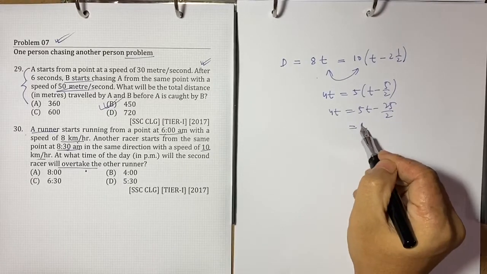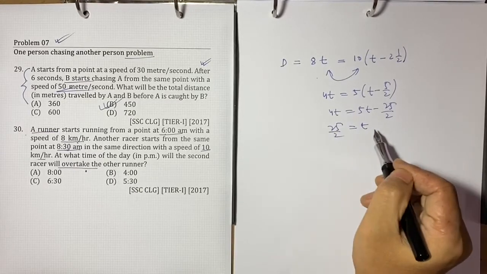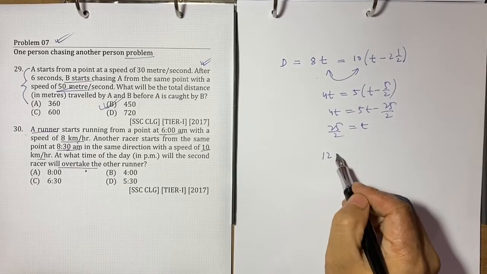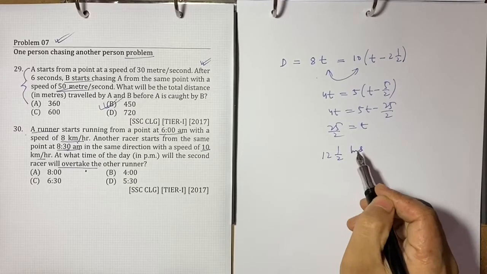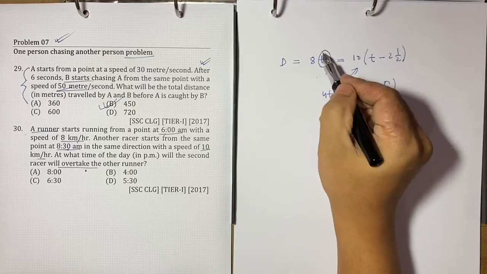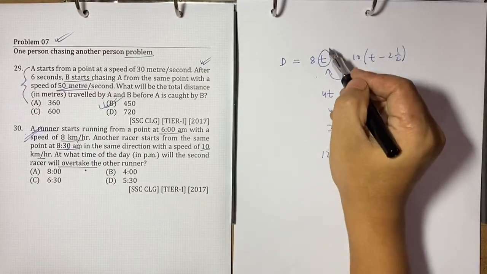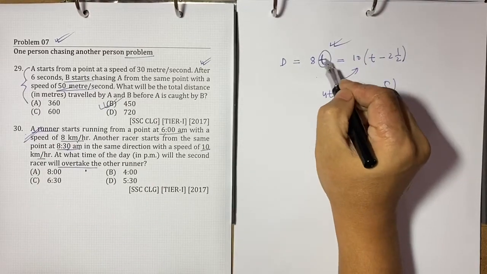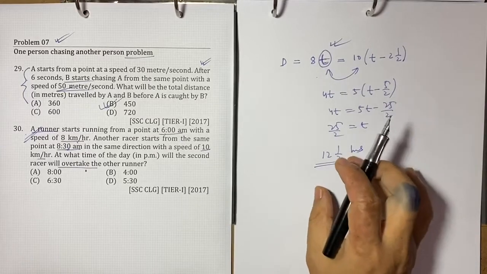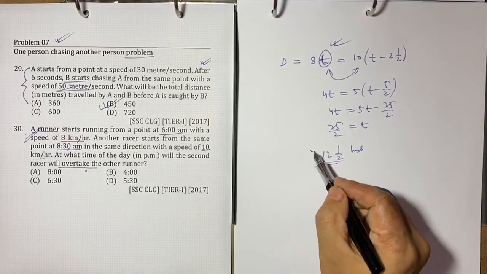Taking terms across, t equals 25 by 2 hours, meaning 12.5 hours. So the first runner runs for 12.5 hours.